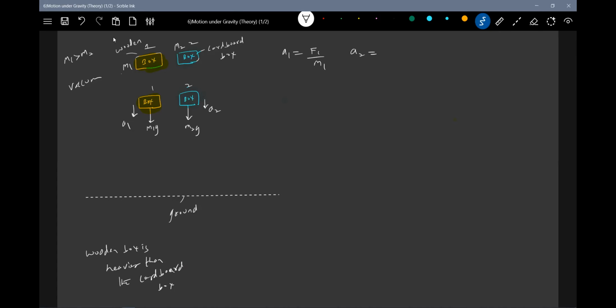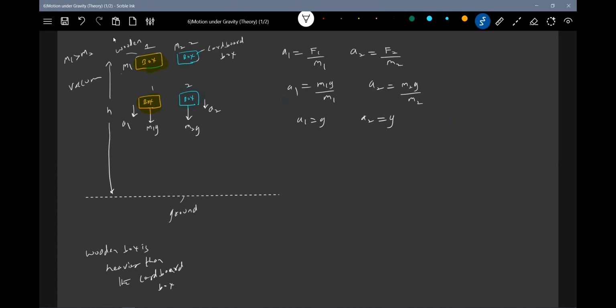Similarly, the acceleration of the cardboard box should be the force acting on it divided by its mass. What is the force acting on it? m1g, divided by m1. What is the force acting on the second box? Its weight, equal to m2g, divided by m2. Look at the acceleration of both. Same.